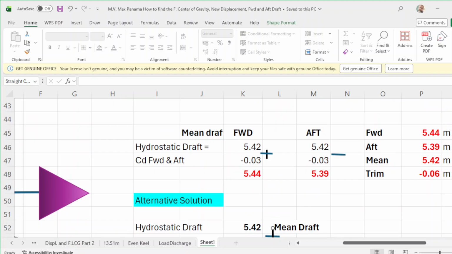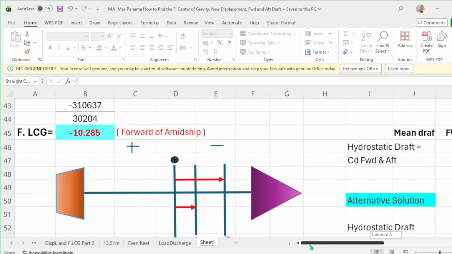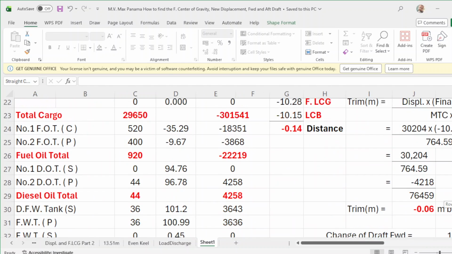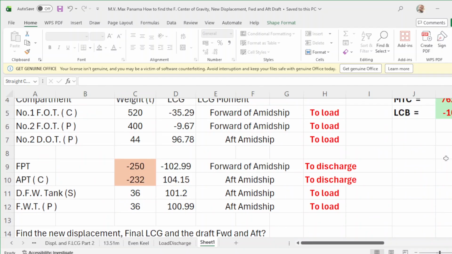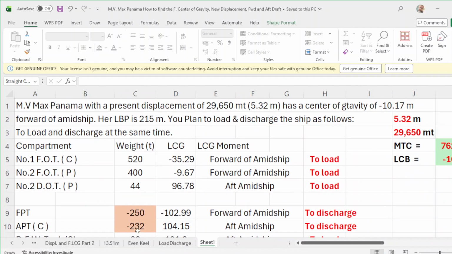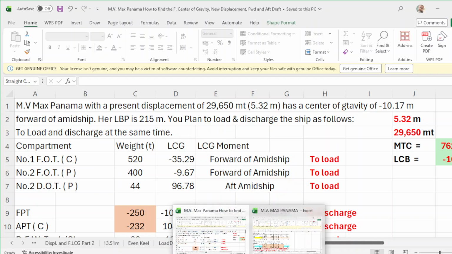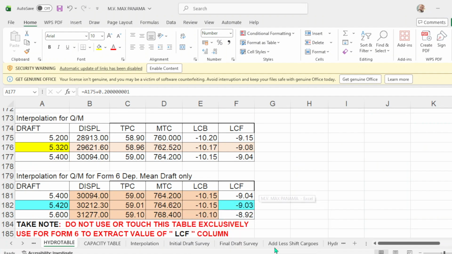This is by manual computation. Then we go and use the program, which is this one, the add program. You add weight or discharge weight, or ship weights or cargo.